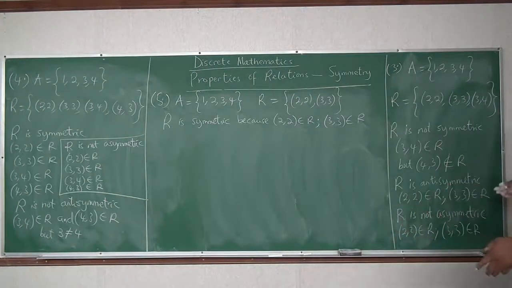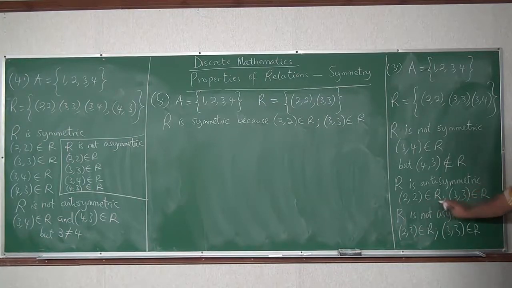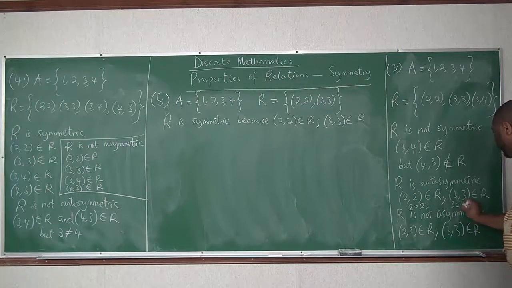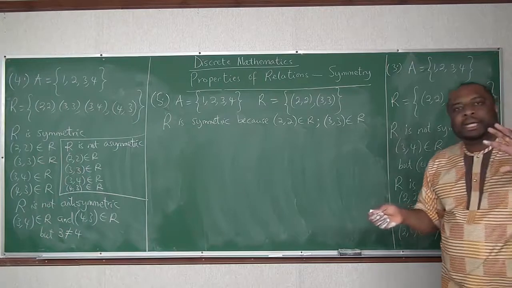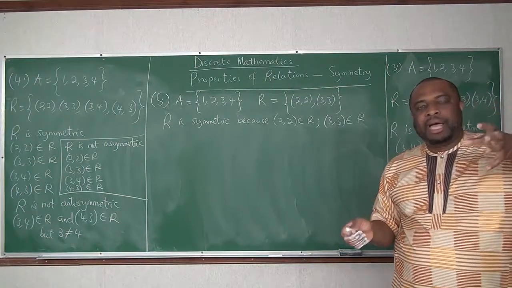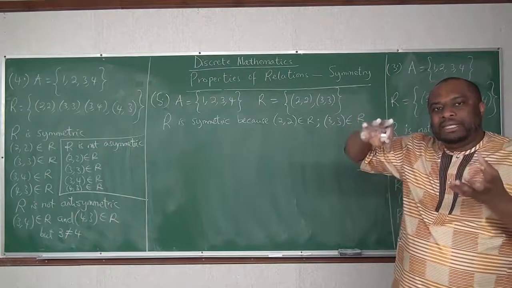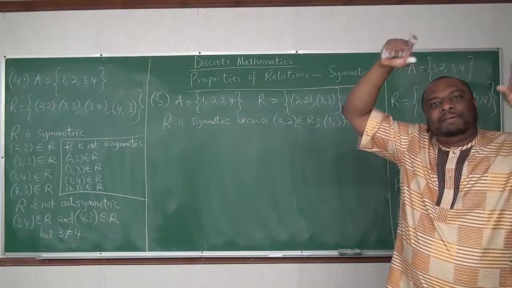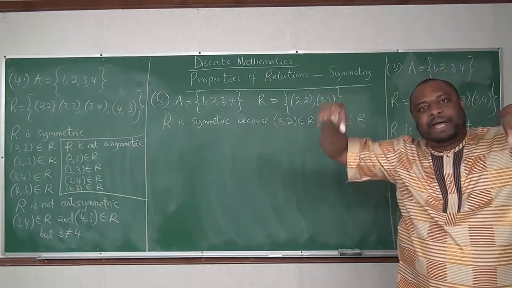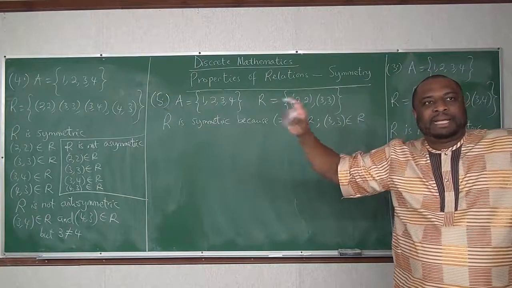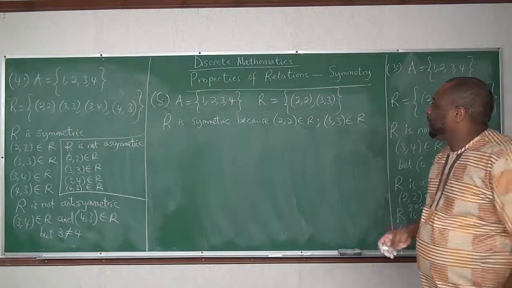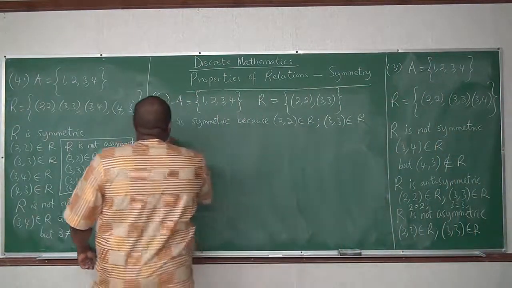Remember, with antisymmetric, if (a, b) is an element of R and (b, a) is an element of R, that means that a is equal to b. That means it's antisymmetric. Okay? So R is antisymmetric.